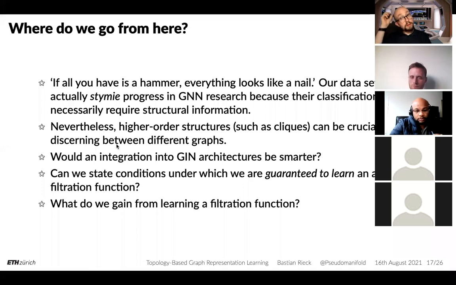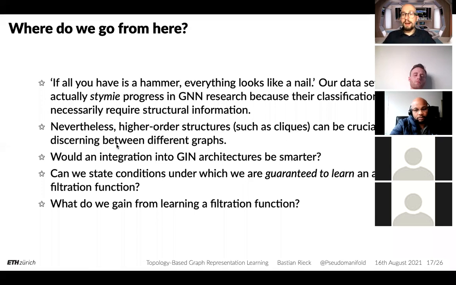And likewise, and this might be interesting for some in the audience because it's not exactly my forte, I would be interested in learning whether there are conditions under which we're guaranteed to learn an appropriate filtration function, so an appropriate view of the graph. Currently, we only have the theorem that tells us that these functions exist, but this doesn't tell us whether we end up learning them.